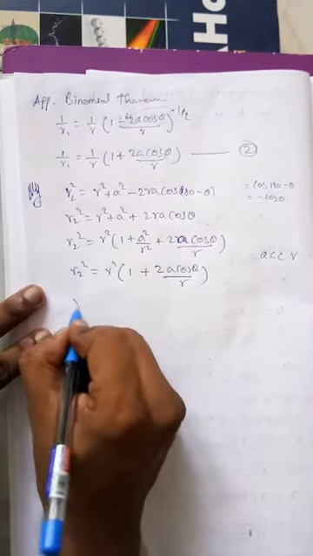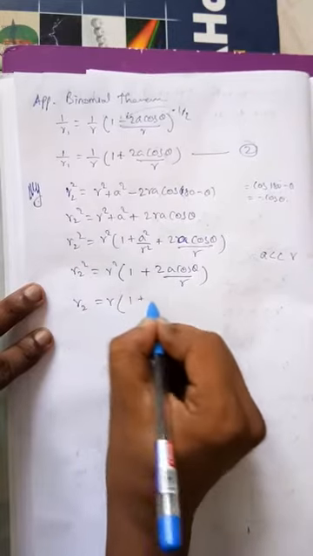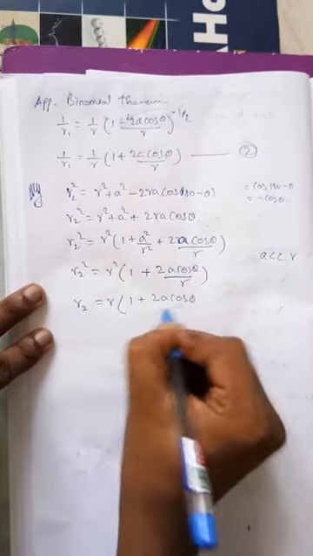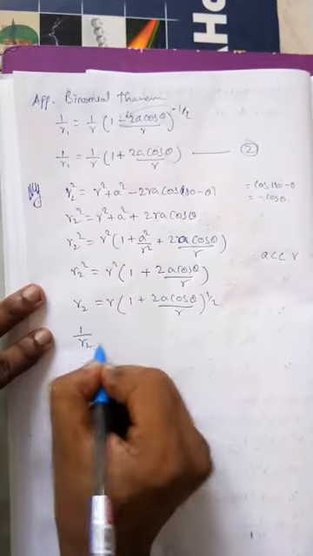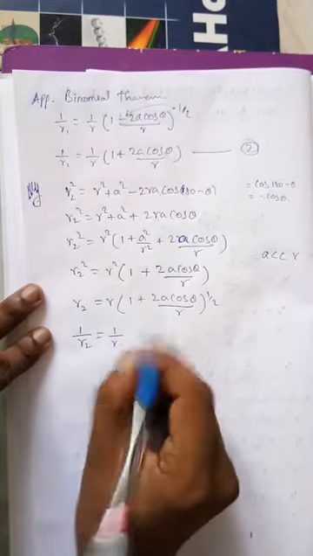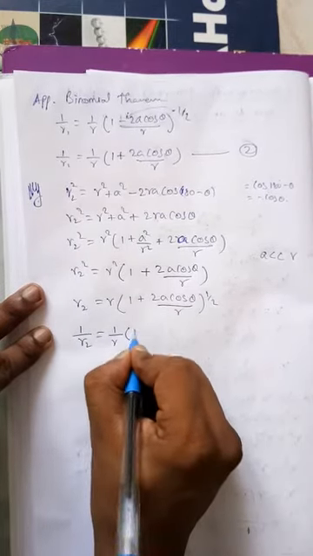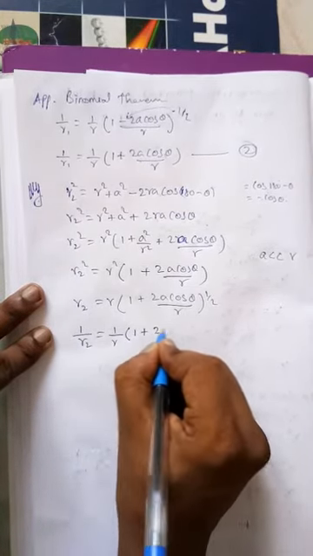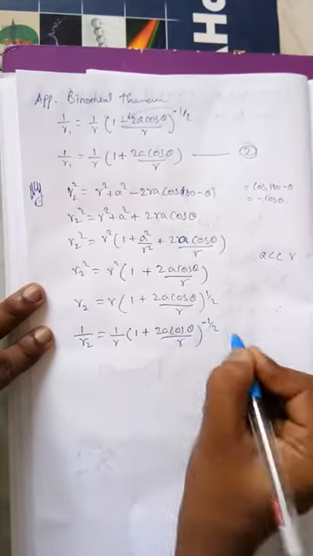So we want to find R2, R2 is equal to, take root, R (1 plus 2a cos theta by R) whole power 1 by 2. So here we want to find 1 by R2. So 1 by R, that bracket will come to the denominator, that denominator will come to the numerator. So similarly (1 plus 2a cos theta by R) whole power minus 1 by 2.